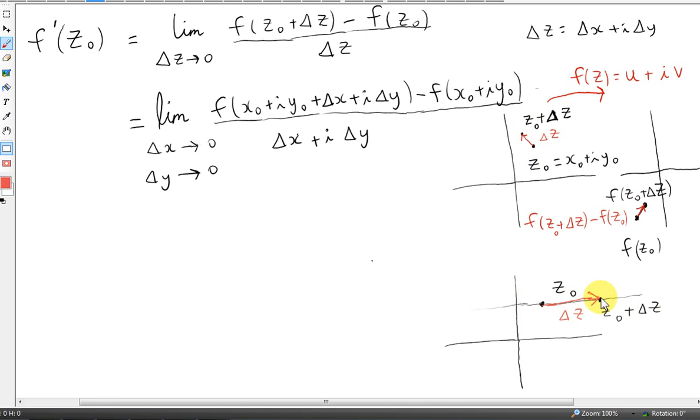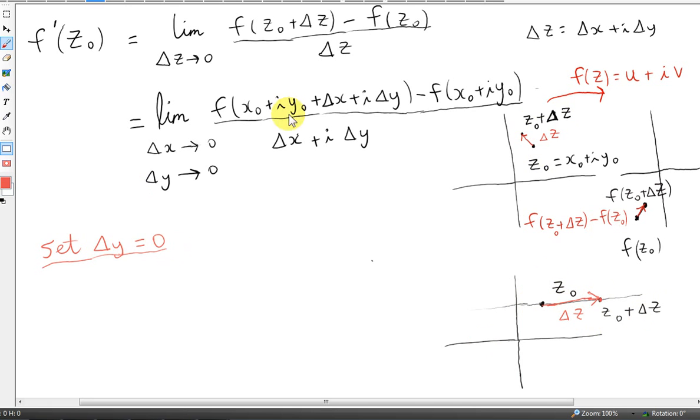Now the thing about any point on a line that's parallel to the real axis is that for delta z, delta y must be 0. The only thing that's changing as we go from this point towards z0 is x. We see no change in y. So the vertical distance between these points, delta y, is 0.